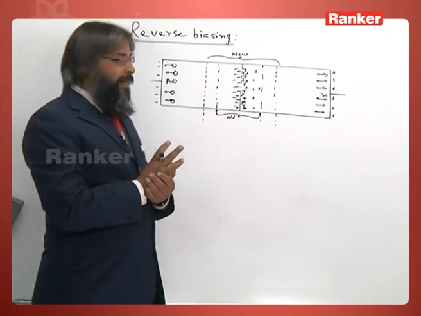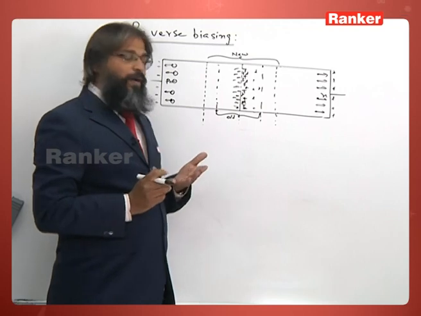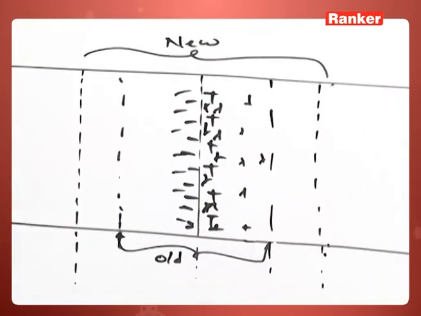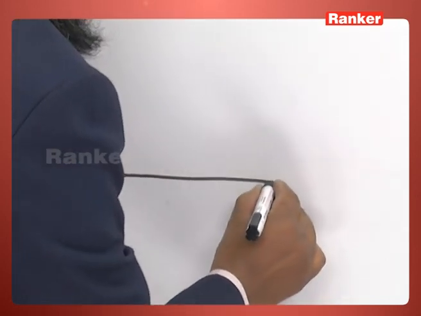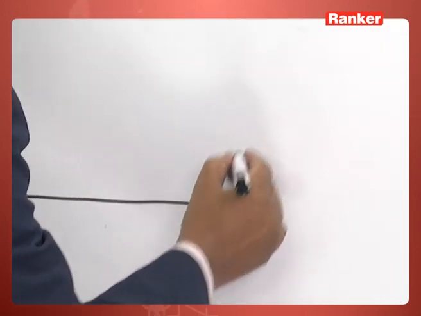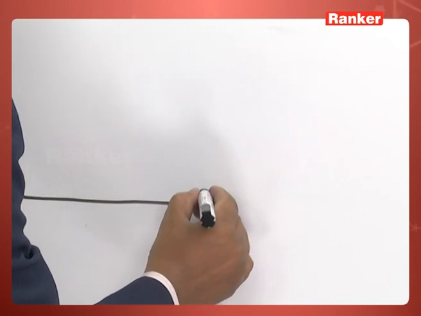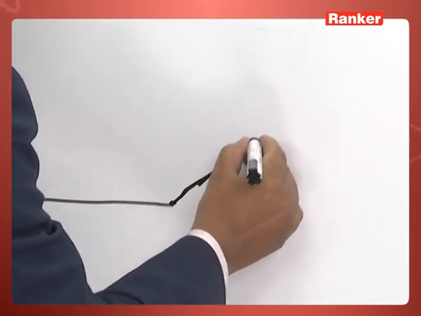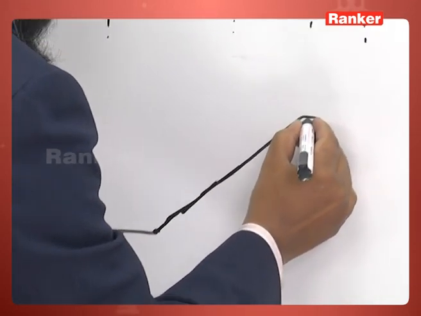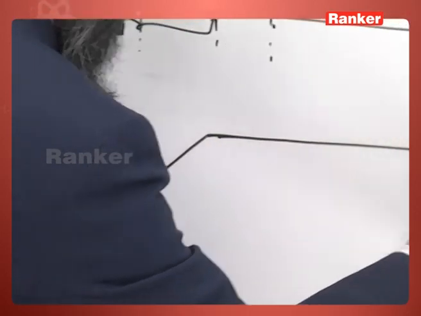Now, suppose I want to define how the potential varies. You see this is the initial potential variation.